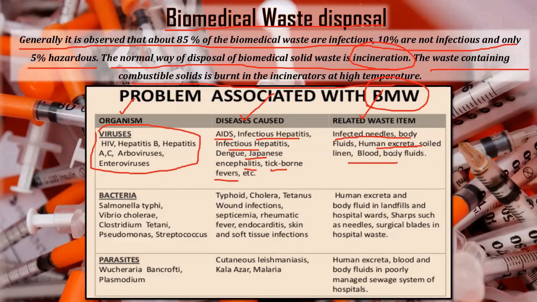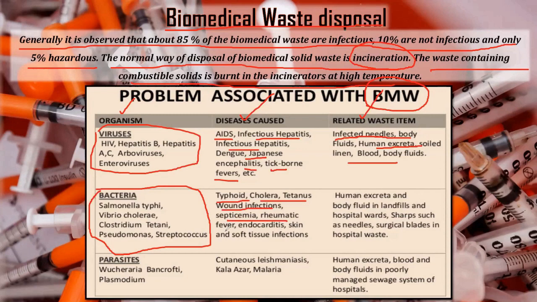If some infection has occurred with bacteria like Salmonella typhi or Vibrio cholerae or Clostridium tetani or Pseudomonas, streptococcus, then the corresponding diseases are typhoid, cholera, tetanus, wound infections, septicemia, rheumatic fever, endocarditis, skin and soft tissue infections.